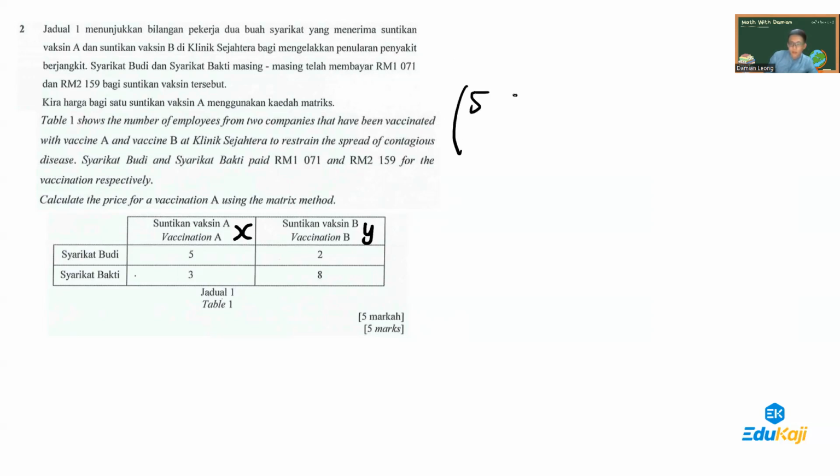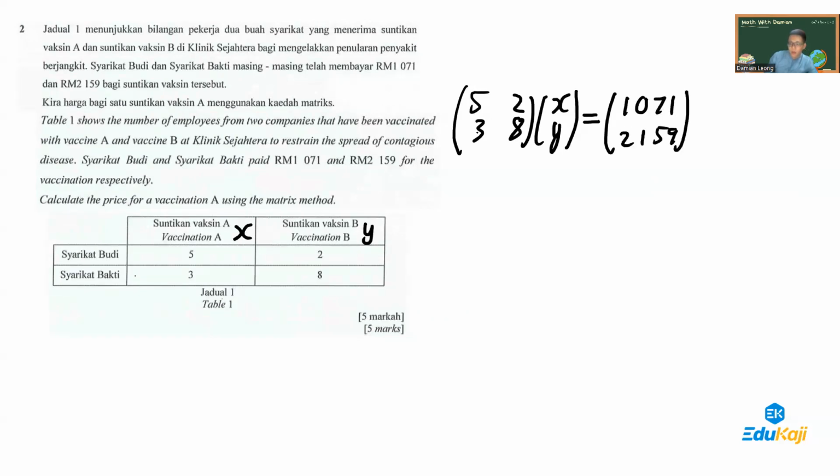So the matrix 5 2, 3 8 multiplied with x y, the prices of vaccination A and B, equals the total amount that they paid, 1071 and 2159. So to find x y, I multiply by the inverse of this on both sides.